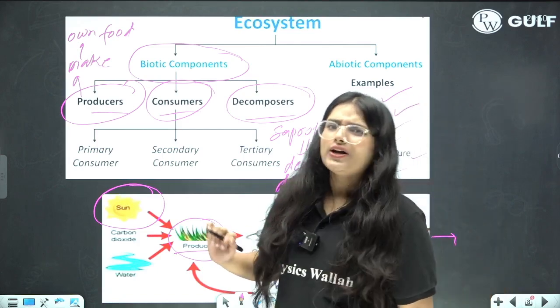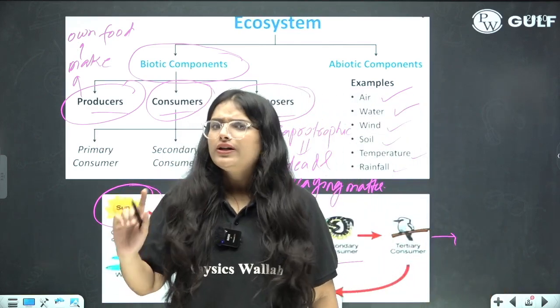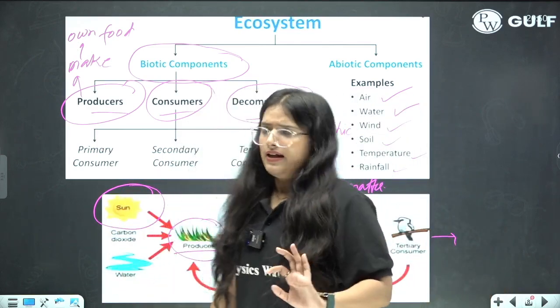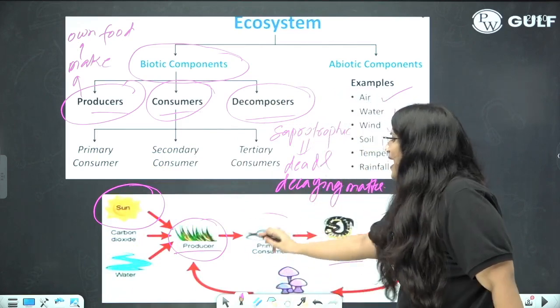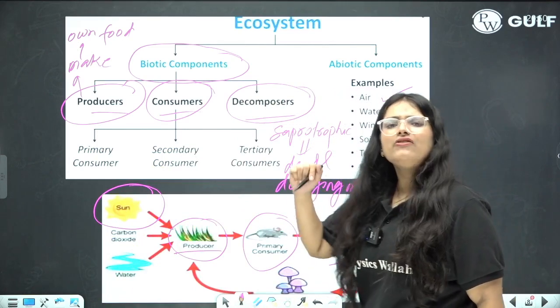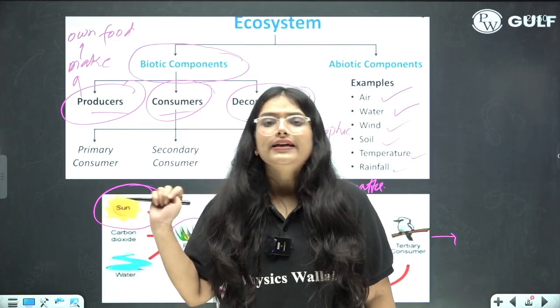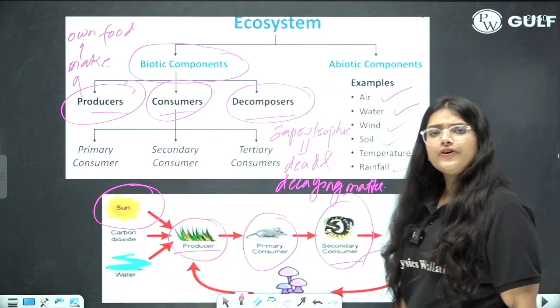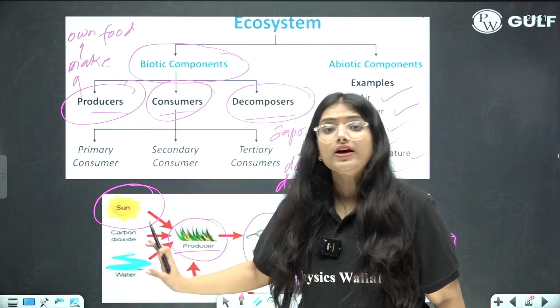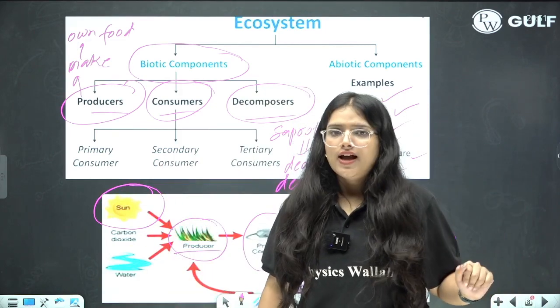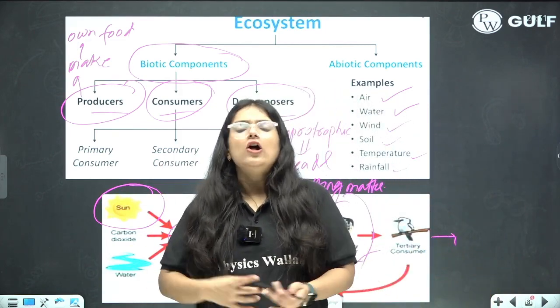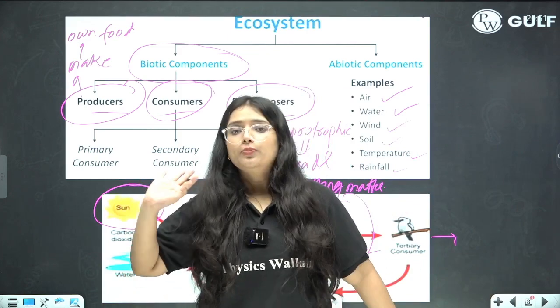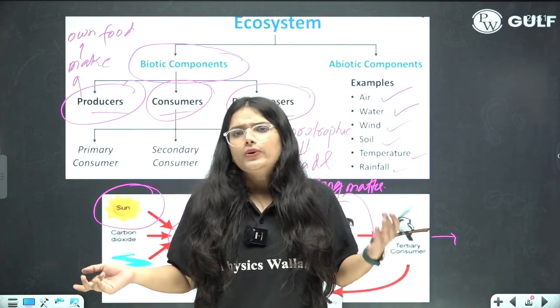But will the organism say that I will only feed on this particular thing? Like the rat will say I will only feed on grass, nothing else. The snake will say I will only feed on this particular rat, I don't want anything else. Sometimes we also are very stubborn, like I only want to eat pizza, I only want to eat burger.